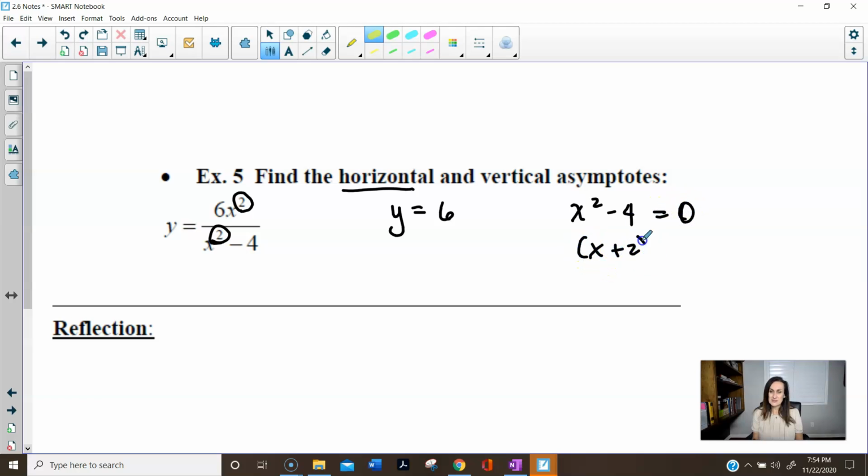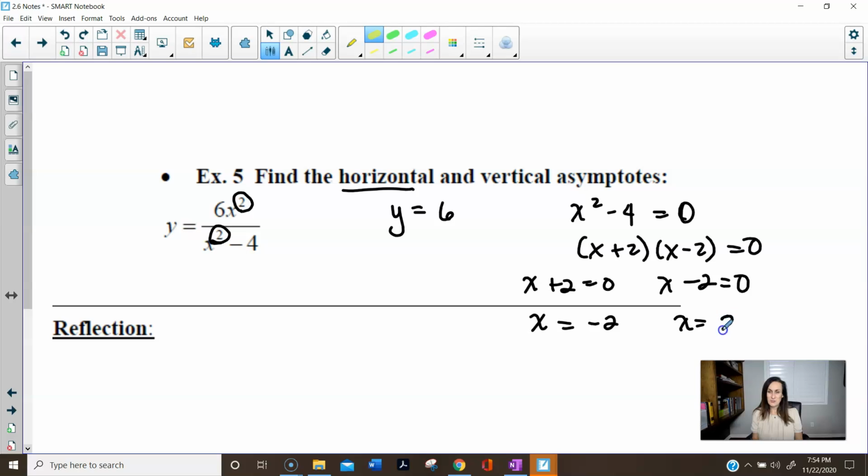This is a difference of squares. x plus 2, x minus 2 equals 0. Zero product property means that you would put each of these equal to 0. And so x is equal to -2 and x is equal to +2. So the vertical asymptotes are x equals -2 and x equals 2. The horizontal asymptotes are y equals 0.